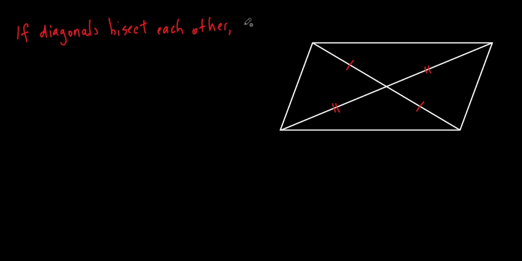I'm just shortening it a little bit. So if the diagonals bisect each other, then we got a parallelogram. And how do I write that? I put that little symbol that looks like a parallelogram, and then I go A, B, C, D.